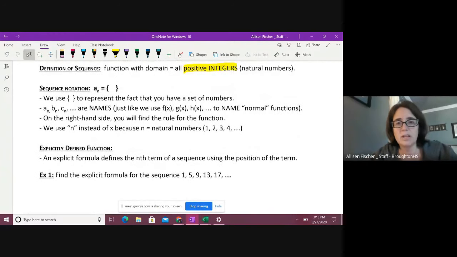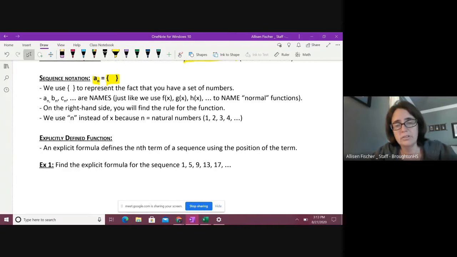So sequence notation then is also a little bit different. We name sequences using A sub n, and we use these little braces to go around the sequence because they're a set of numbers. Okay, so I want you to understand that when we name this, it's just like how we name a function.